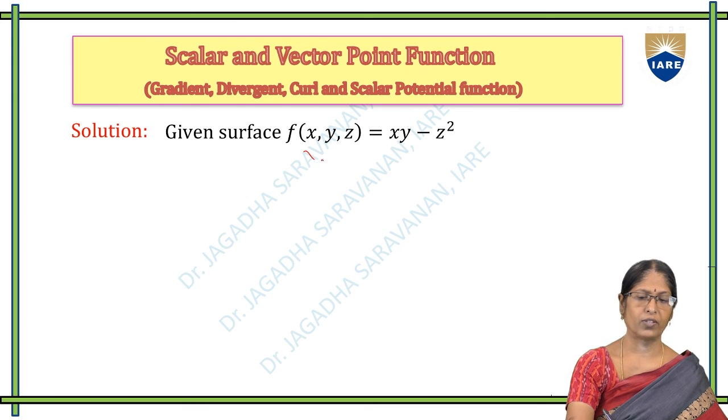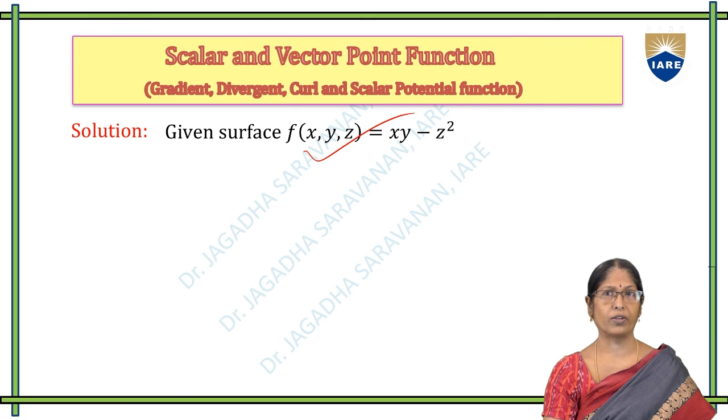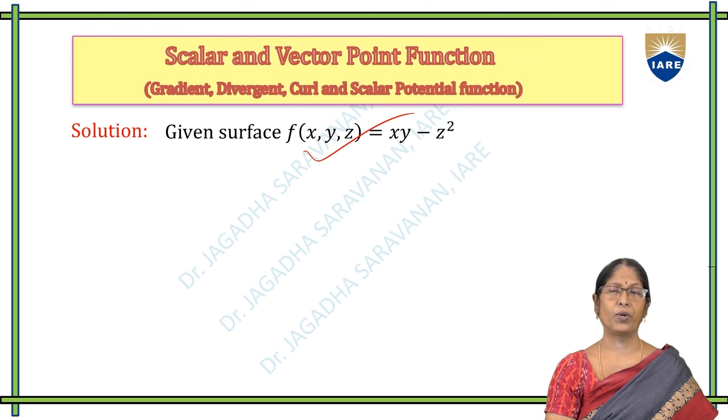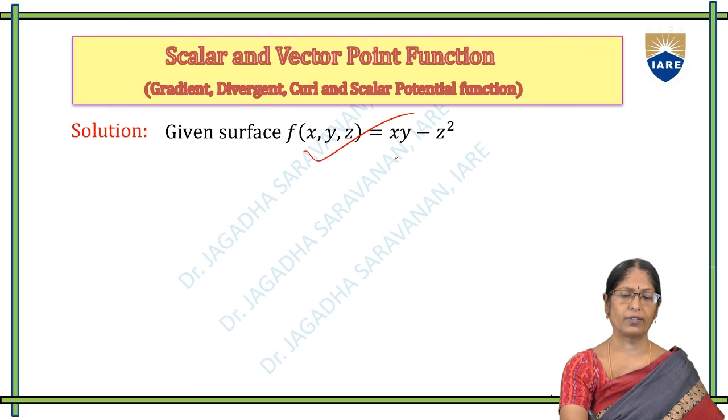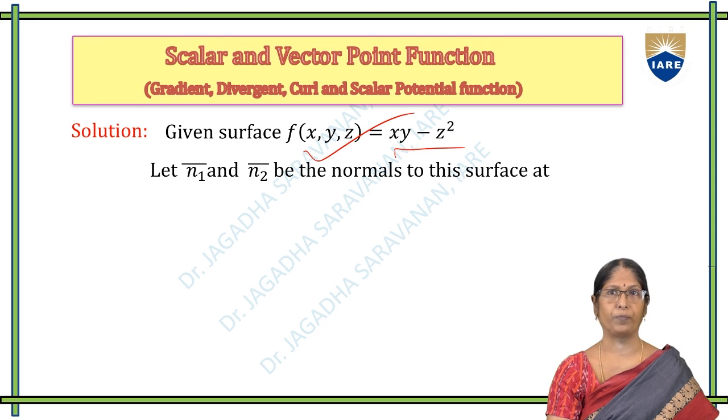First, the solution. We focus on the solution, first writing what is given in the question. The given surface is f of x, y, z, a function in terms of the variables x, y, z. So xy minus z squared is the function given in our question.